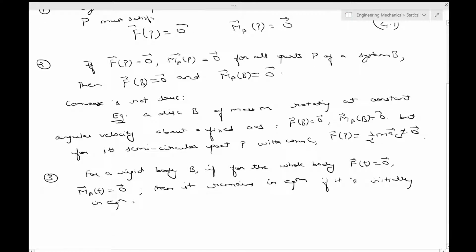So if at time equal to 0 it was in equilibrium, then it will continue to be in equilibrium. This was for a rigid body.